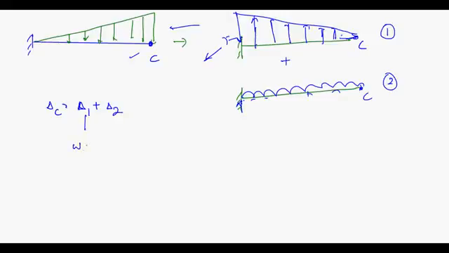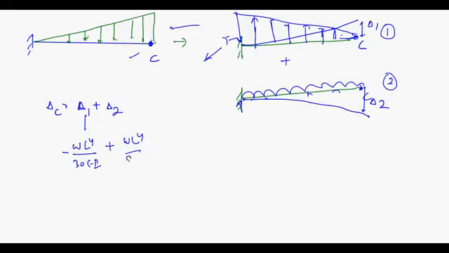This is WL to the power 4 upon 30EI. The direction is upward, I am taking upward as negative because this will produce deflection like this and this will produce deflection like this. So your deflection del 1 is upward where del 2 is downwards, so I have to subtract them. Plus del 2 you already know, it is WL to the power 4 upon 8EI. So this is your net del C.